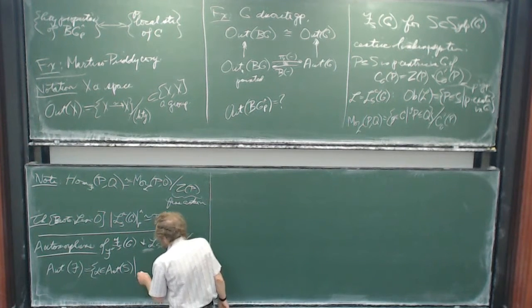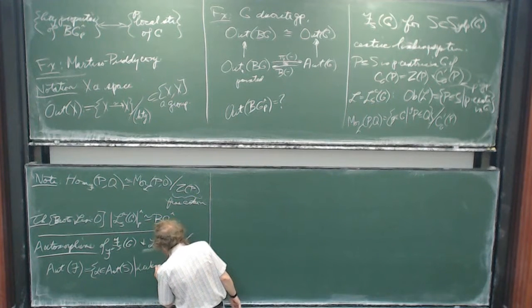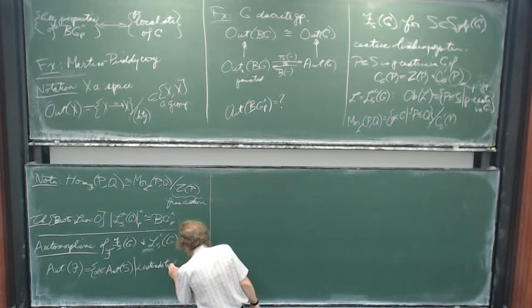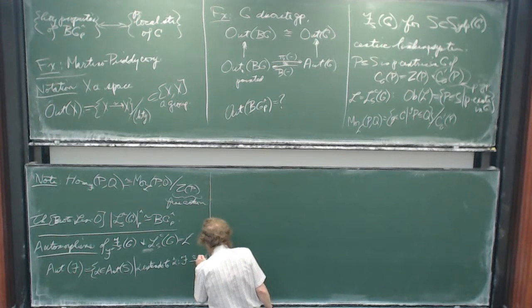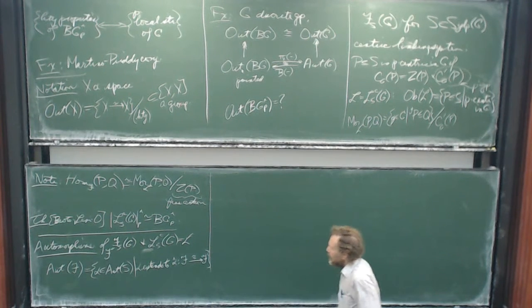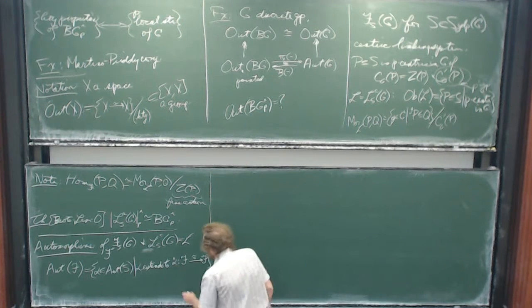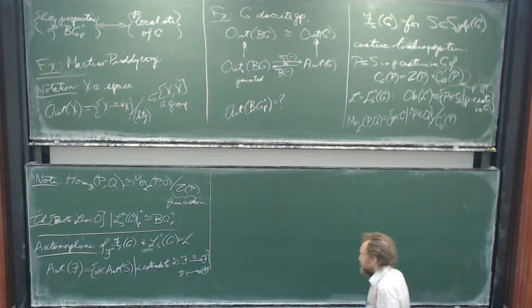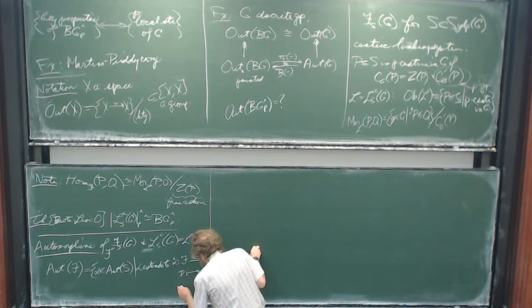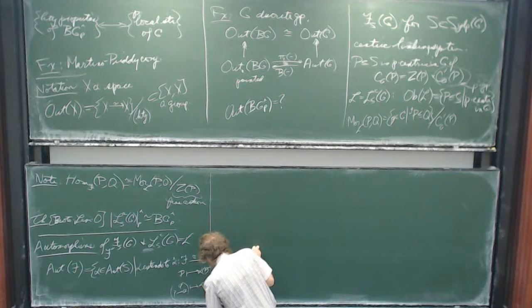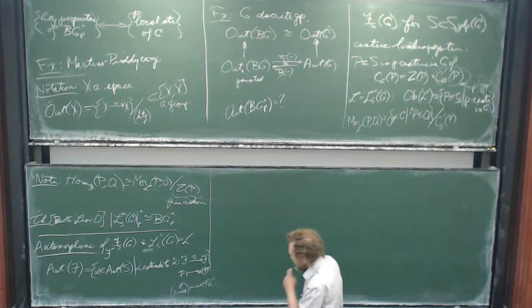In other words, that alpha extends to alpha hat, an automorphism of the category F, where this is simply the automorphism that on objects sends P to alpha of P, and on morphisms sends phi, say from P to Q, to alpha phi alpha inverse, composing from right to left.